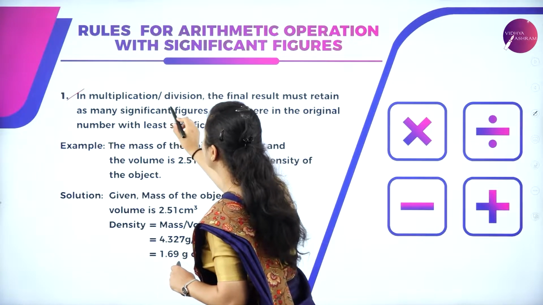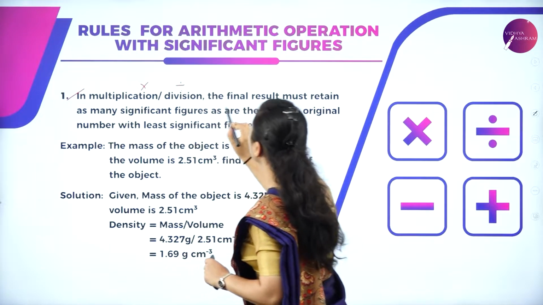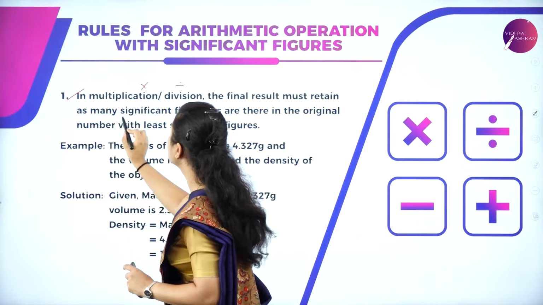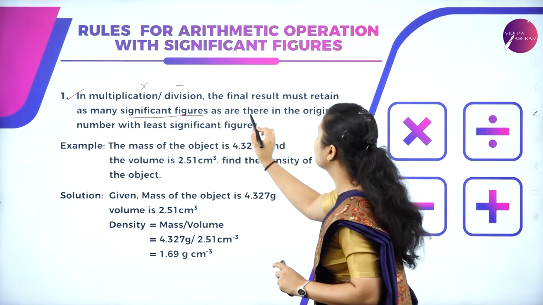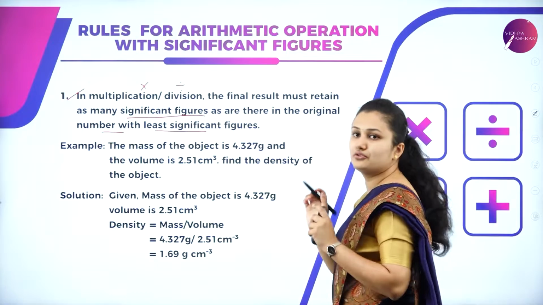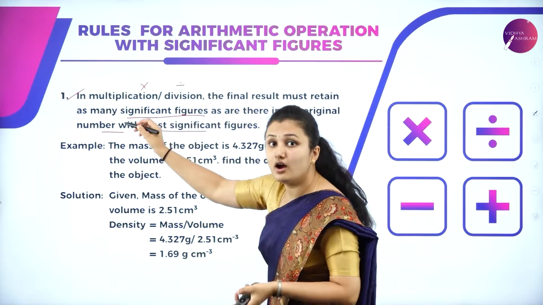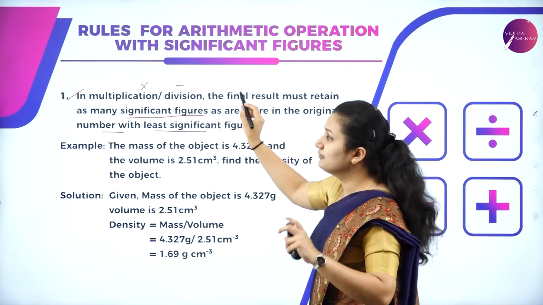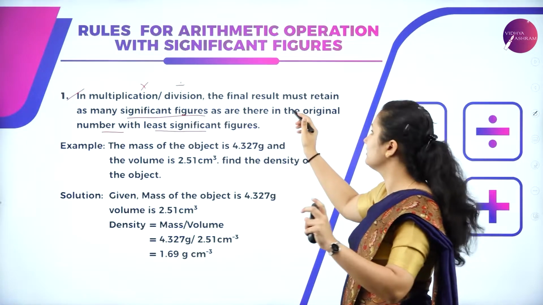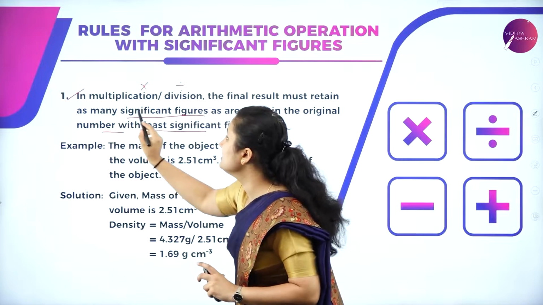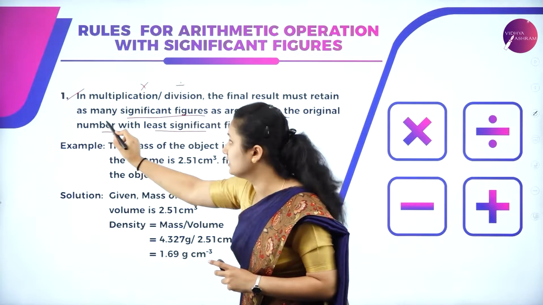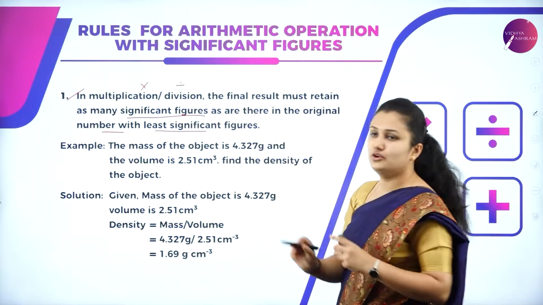In multiplication or in division, the final result must retain as many significant figures as are there in the original number with least significant figures.